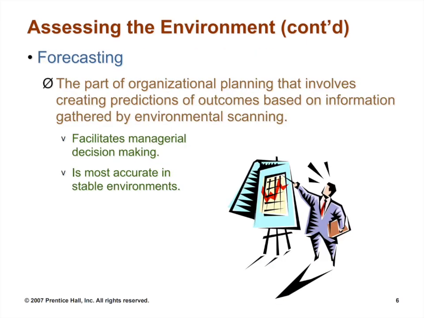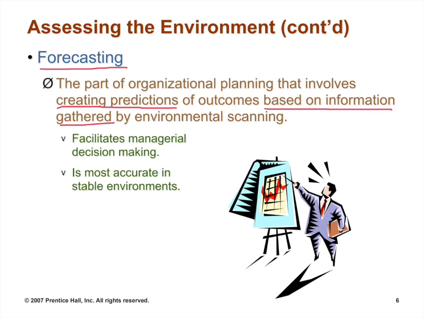And the interesting part in assessing the information is that we have to do forecasting. Forecasting is the part of organizational planning that involves creating predictions of outcomes based on information gathered by environmental scanning.